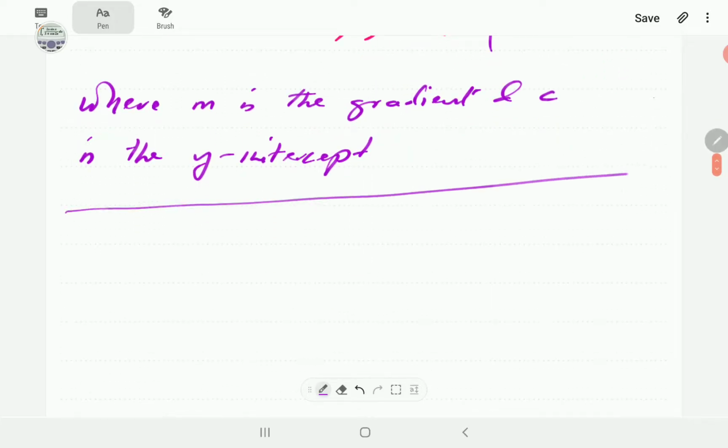Then there is what is called the 1-point form.